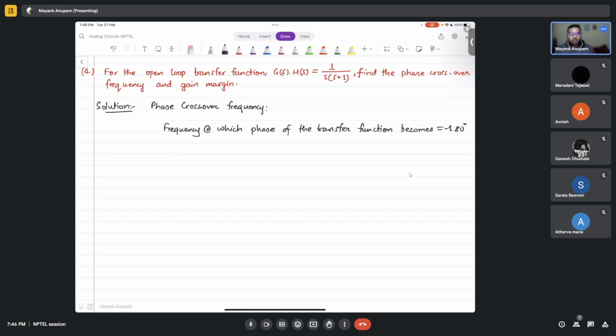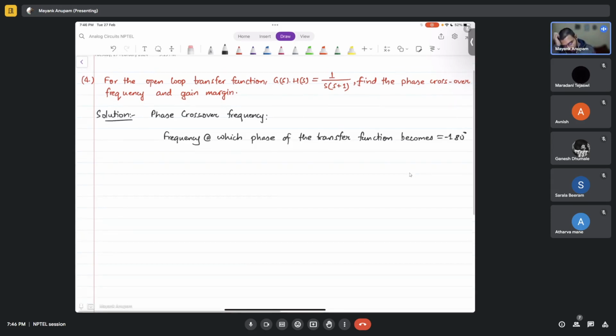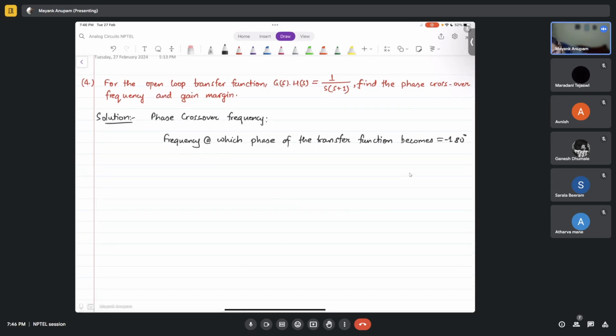Cool. So, yeah, this is basically the phase crossover frequency. So, tell me what is the phase crossover frequency and what is gain margin, by the way? What is gain margin?